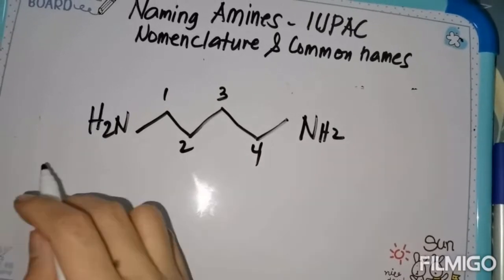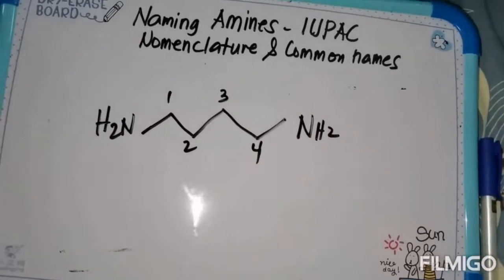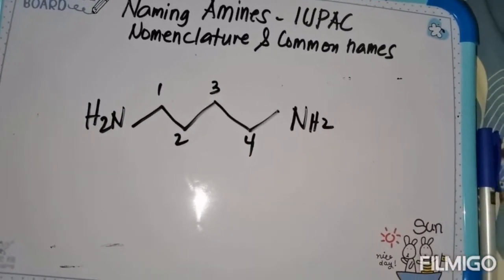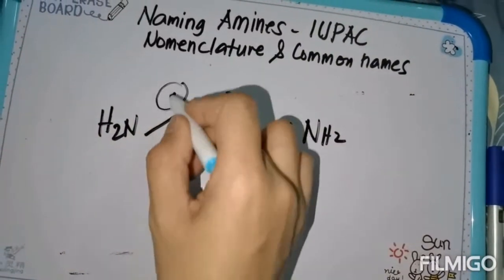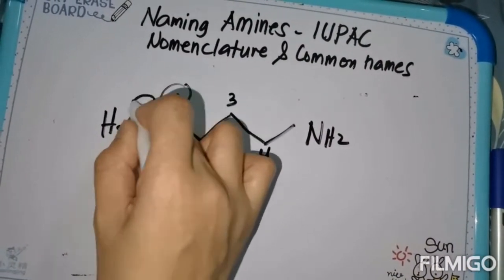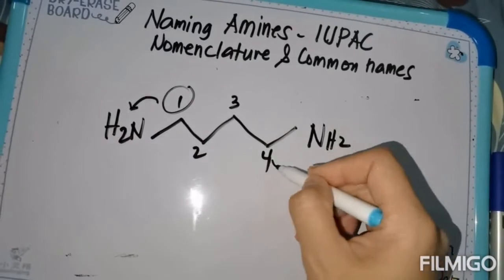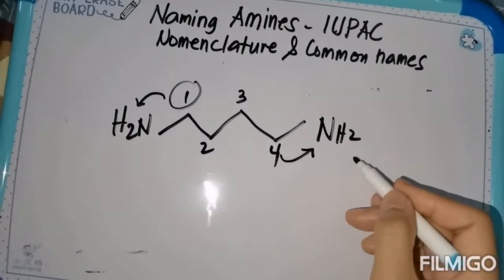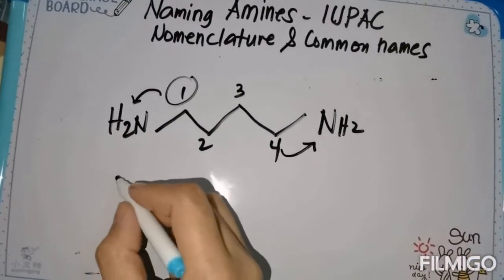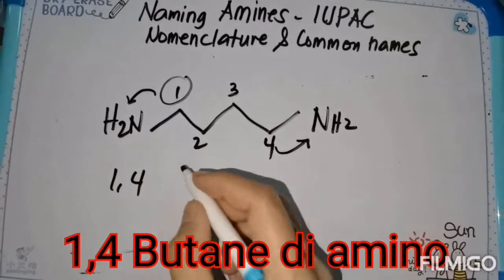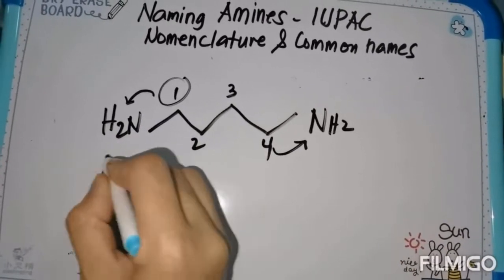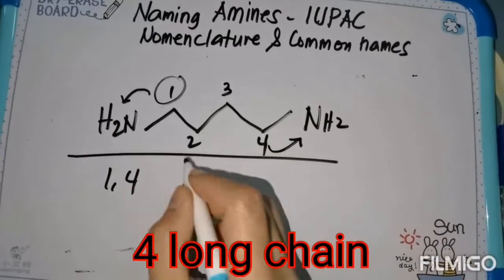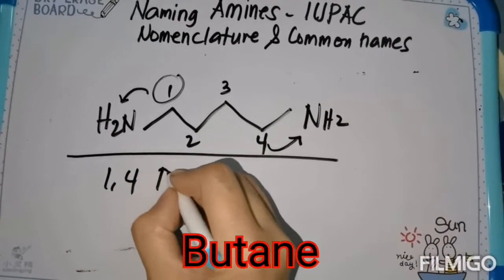Okay, so how could you name this particular molecule? We count this as 1 because 1 is attached to amino here, and number 4 is attached to another amino here. So we will name this 1,4 because we have a 4 carbon chain. We name this as butane.